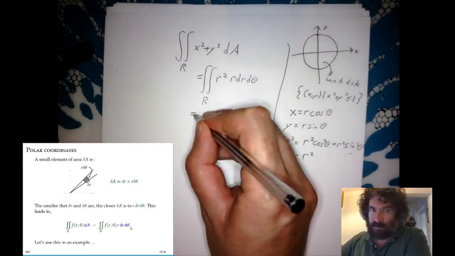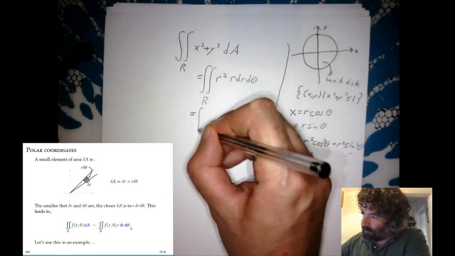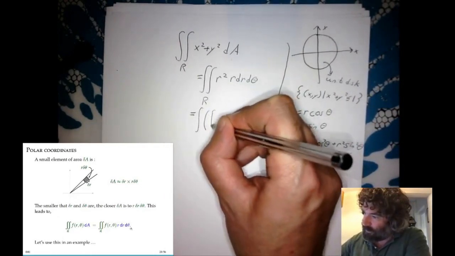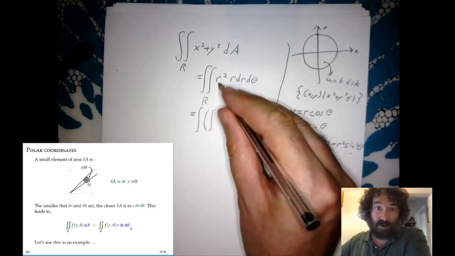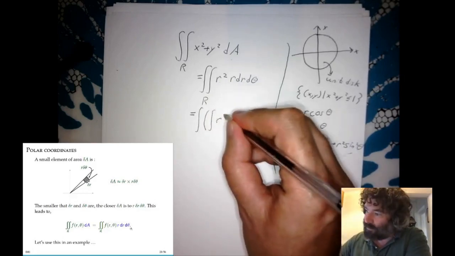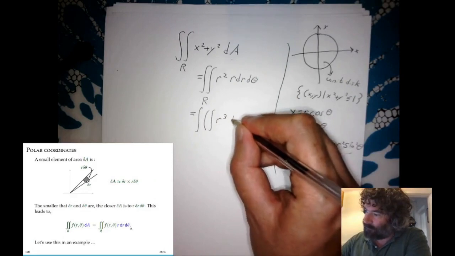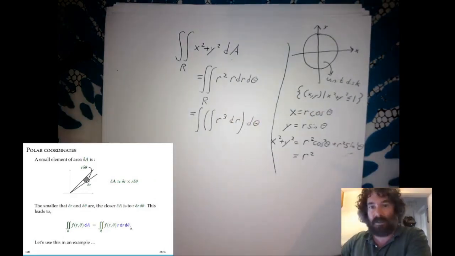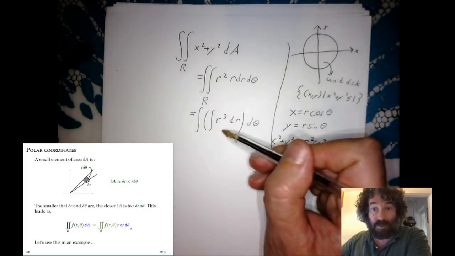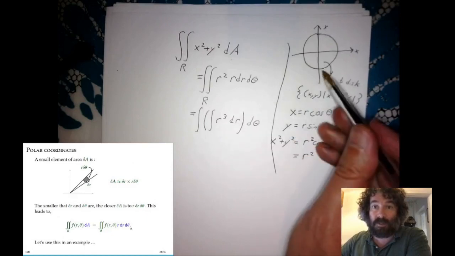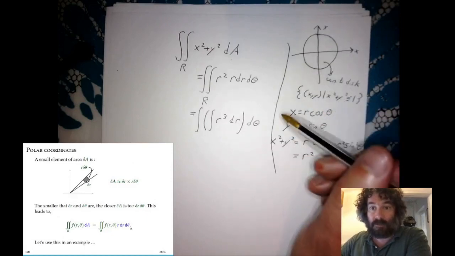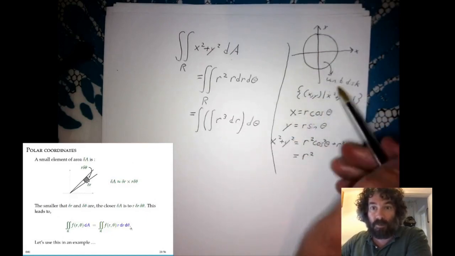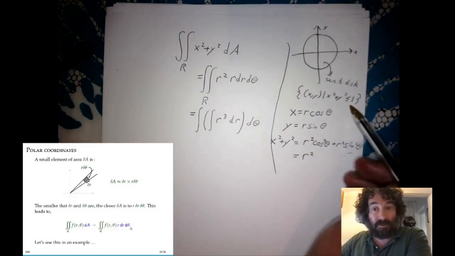So this double integral, I'll write the integral signs and the integrand. The r squared times r becomes r cubed, of course. The inner integral will be with respect to r, and then the outer integral will be d theta. And we have to think about what the limits should be when we use polar coordinates to describe the unit disk. The unit disk is all the points that are distance less than or equal to 1 from the origin.